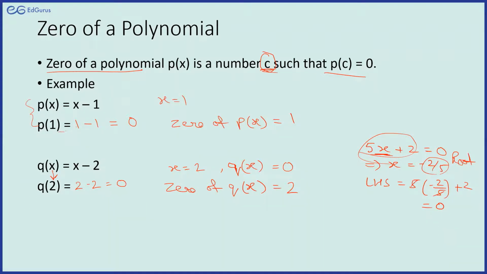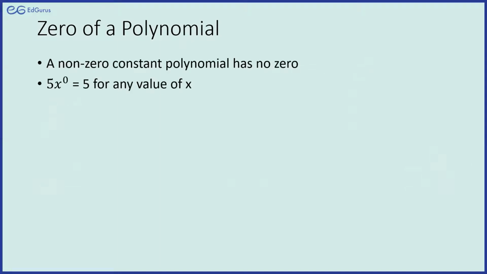ठीक है, तो ये तो हमने एग्जाम्पल से सीखा। नाउ वी विल लर्न हाउ टू फाइंड सच वैल्यूज। ओके, बिफोर दैट, a non-zero constant polynomial has no zero. Now, what does that mean? Suppose I have a constant polynomial. 5, अभी हमने देखा था 5 is a constant polynomial, right? ठीक है ना, Yes ma'am. constant polynomial होता है और इसको हम लिख सकते हैं 5 × x^0. अब कौन सी ऐसी x की वैल्यू है जिससे ये 0 बन जाएगा?